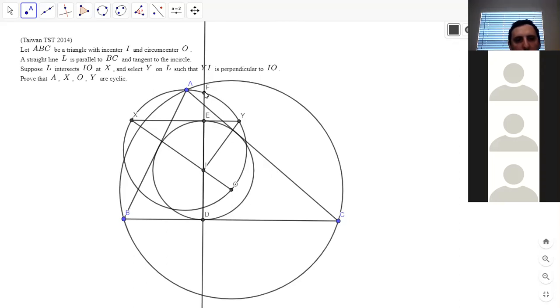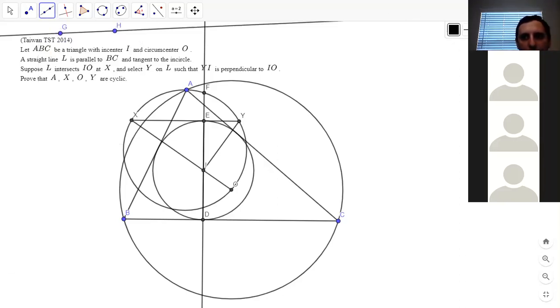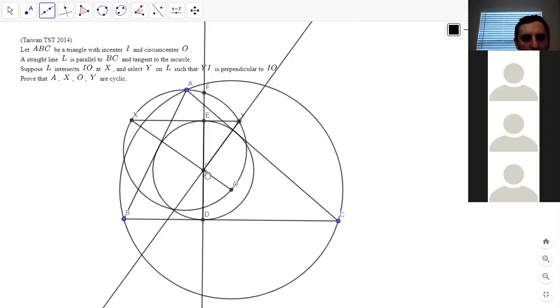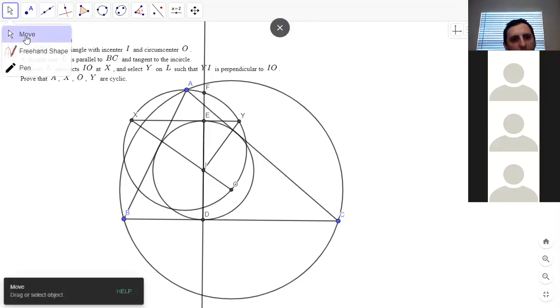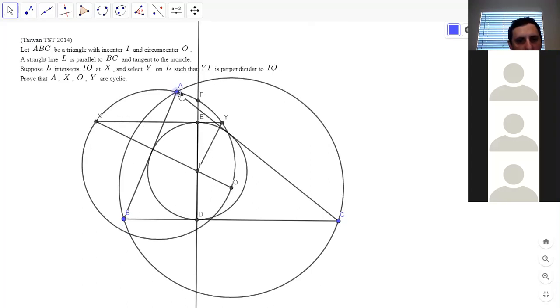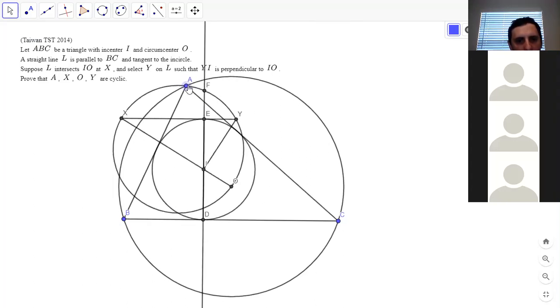Or we could try to see where YI meets the circle and maybe use power of a point. It's not the radical axis. I don't think OX is a diameter of that circle, but I'm not sure. Just trying a bunch of stuff here.